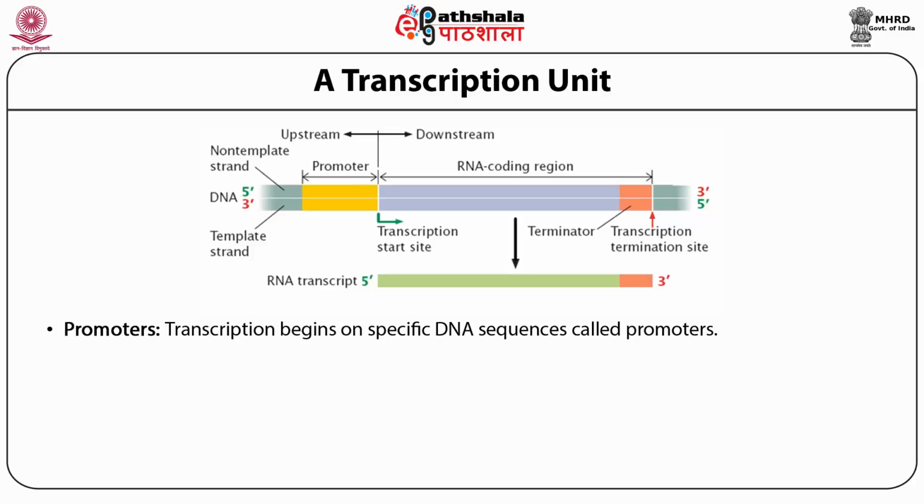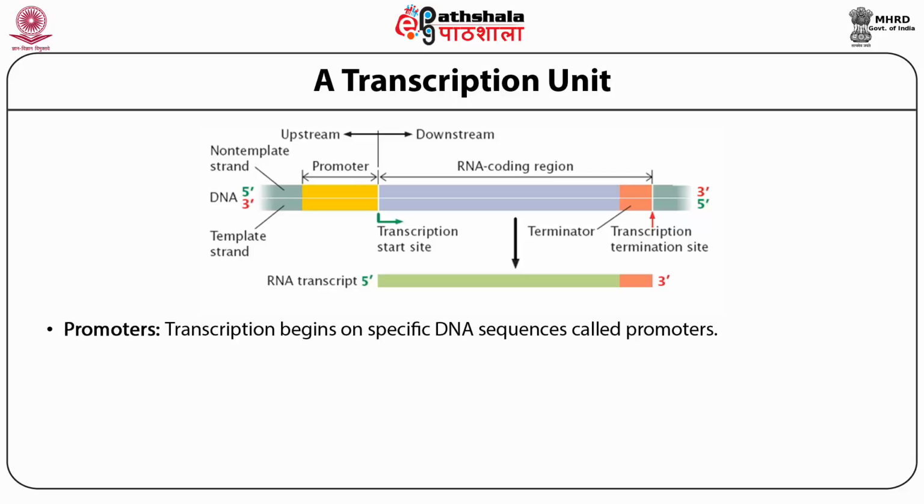Two promoter regions have been identified in the bacterial system: the Pribnow box or TATA box located at -10 upstream from the site of initial transcription, a TATAAT sequence rich in adenine and thymine, and TTGACA located 35 nucleotides upstream.